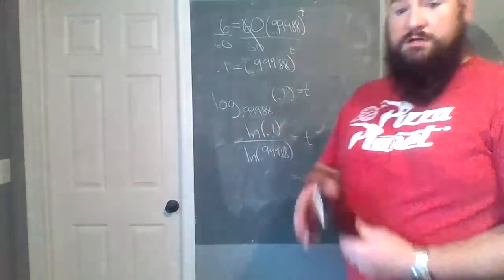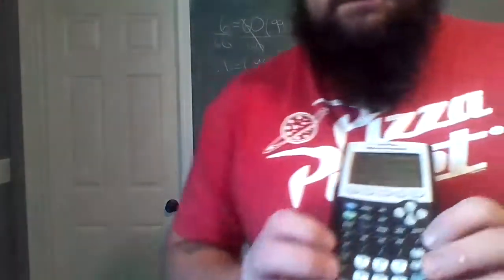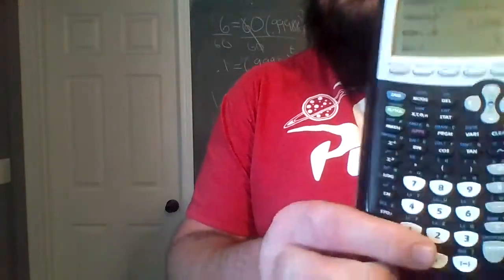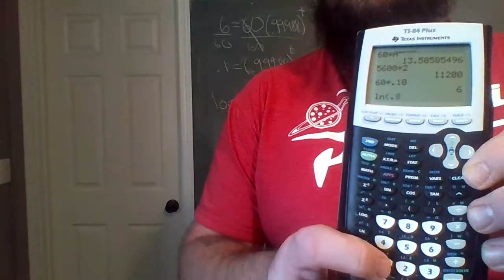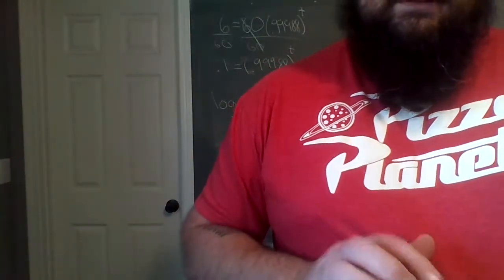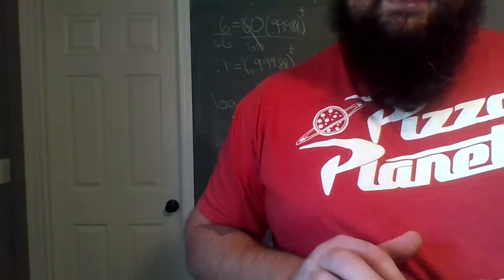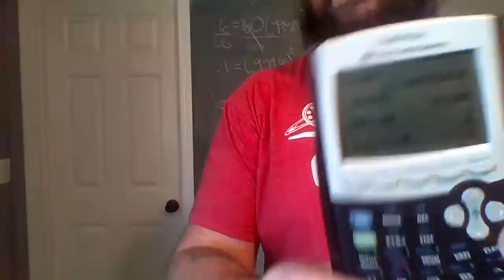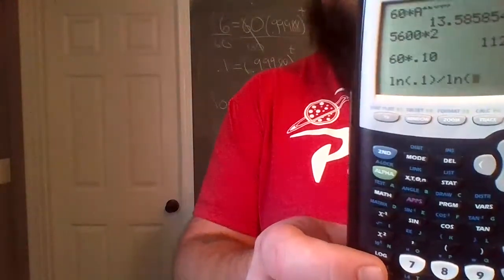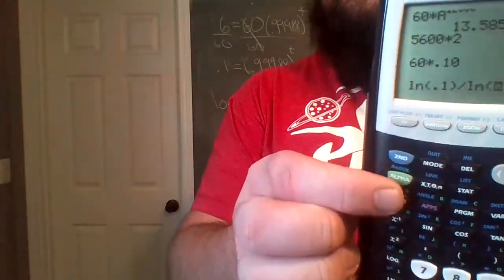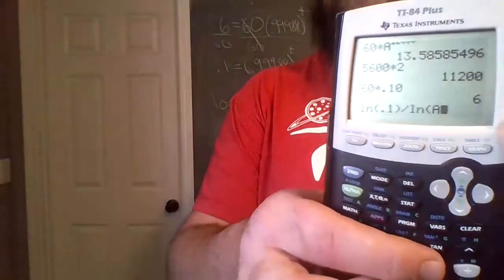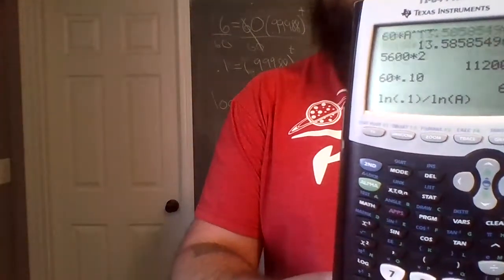Okay, so we go to our calculator. We use the natural log of 0.1, close that parenthesis, divided by the natural log of A. Close that parenthesis.